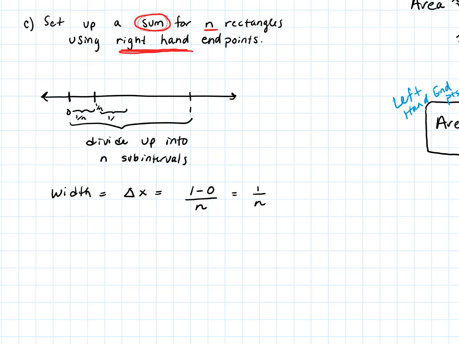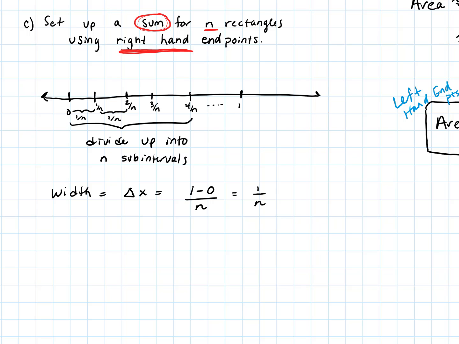And then I add another 1 over n. And so this next endpoint is going to be 2 over n, because we're going from 0 and we add 1 over n, and then the next one we add another 1 over n, so we get to 2 over n. And then we have 3 over n, and then we have 4 over n, and so on.